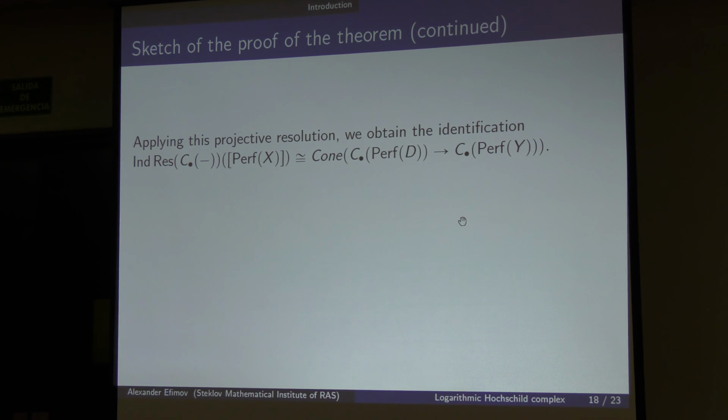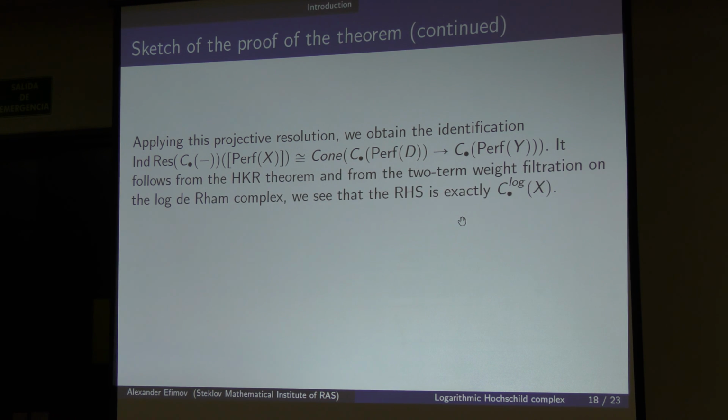Now we needed this projective resolution to compute this induction restriction, and immediately we obtained that this induction restriction is identified with the cone of the usual Hochschild complexes of D and Y. So the cone of the homomorphism given by the push forward functor.